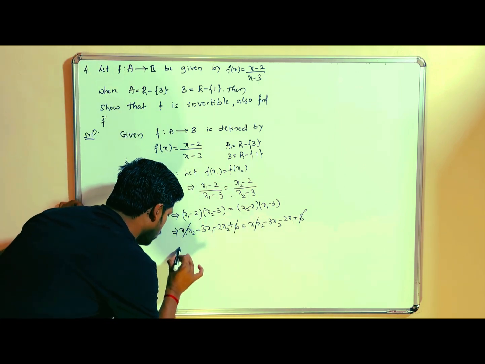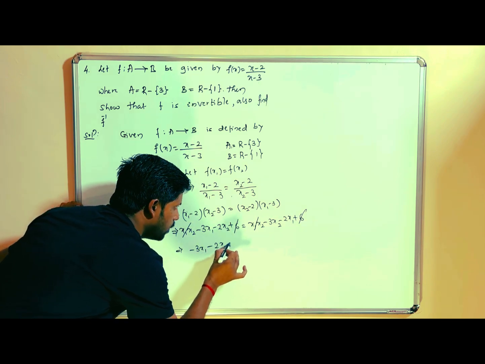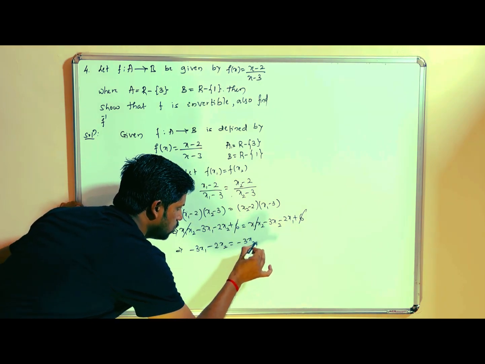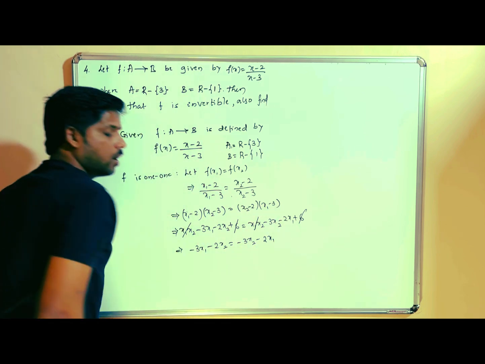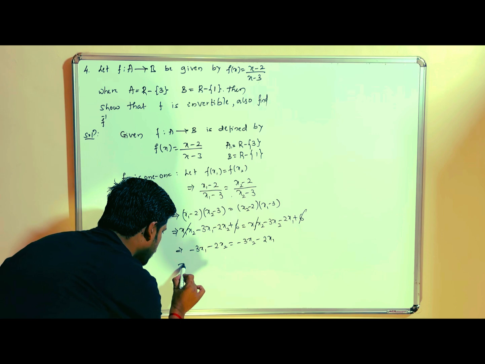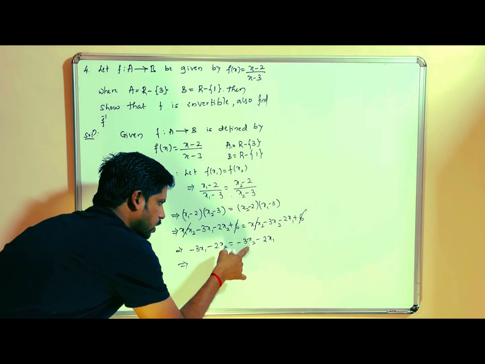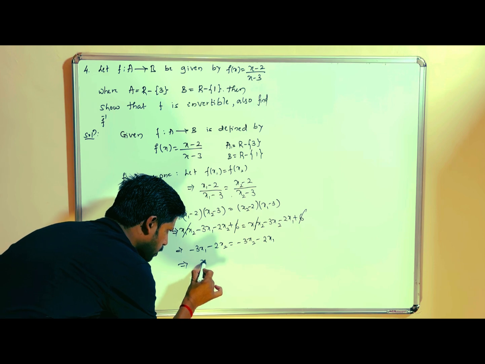So now do one thing. Minus 3x1 minus 2x2 is equal to minus 3x2 minus 2x1. Now make the x1 terms on one side and x2 terms on the other side. Take minus 3x2 to the LHS, it becomes plus 3x2.